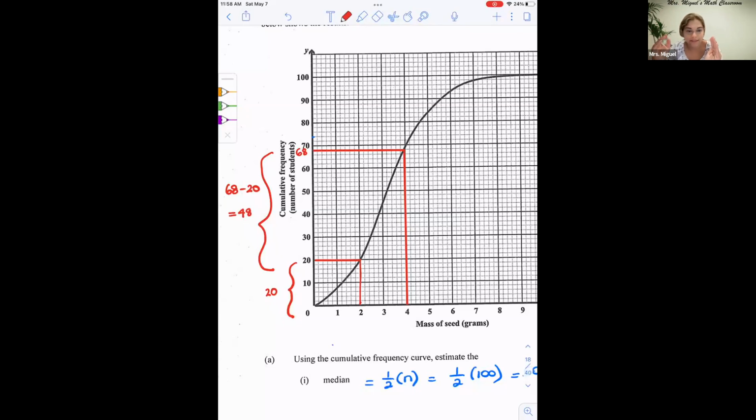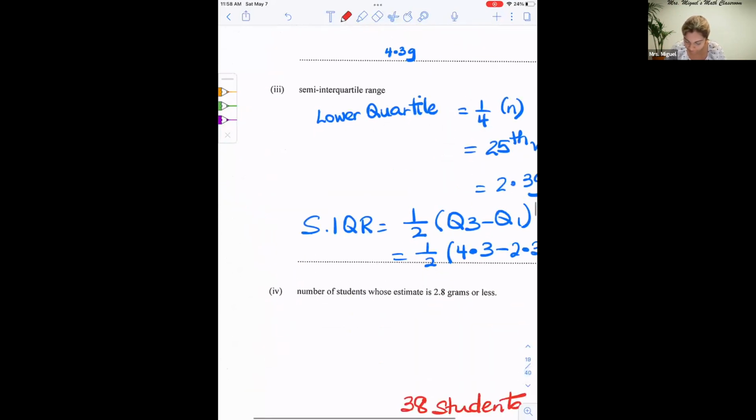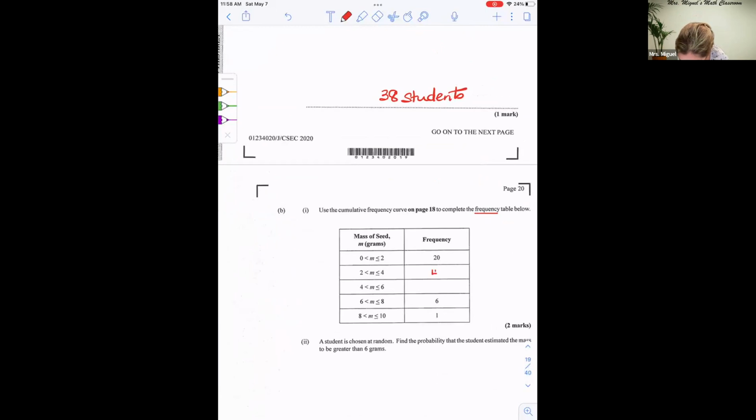If they give us the CF and we have to find the frequency, we subtract. So 48 students had a mass between 2 and 4 grams.